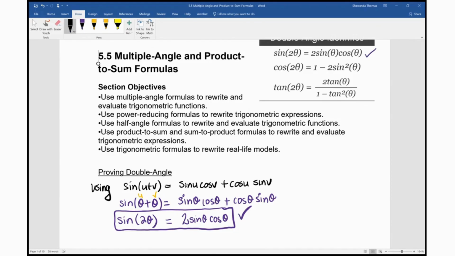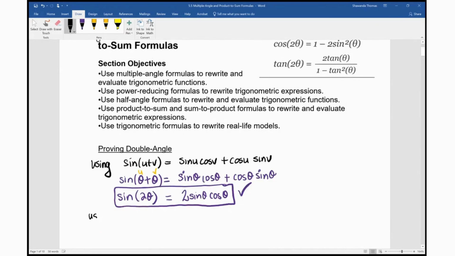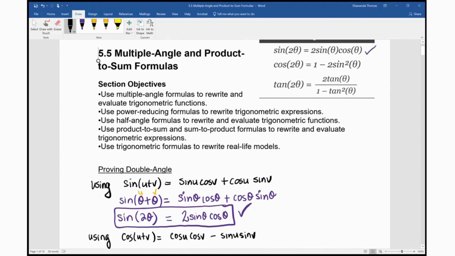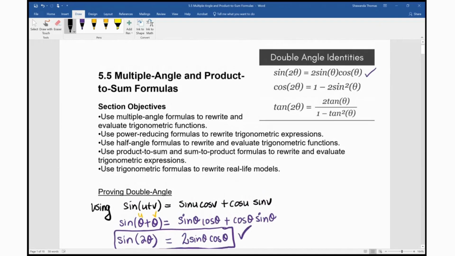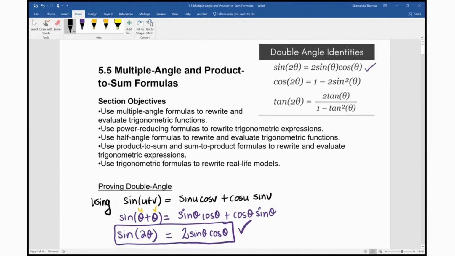All right, let's use another one of those formulas from the previous section. Using cosine of u plus v, which was cosine of u cosine of v minus sine of u sine of v. Let's see, can we prove the cosine 2 theta double angle identity?